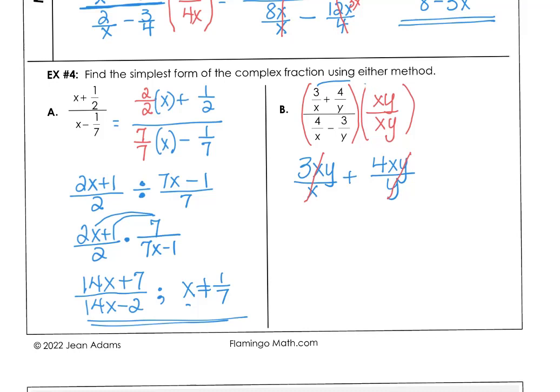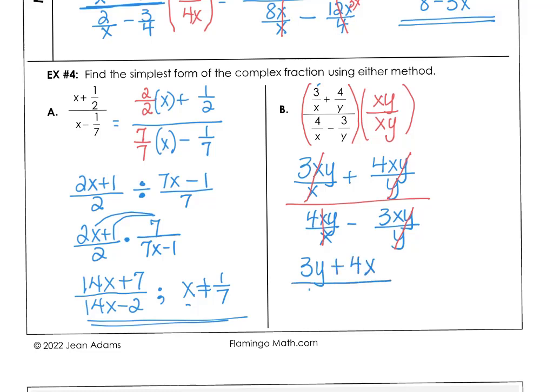Then in the denominator, we have 4xy divided by x, so the x's cancel, and then minus 3xy divided by y, and the y's are eliminated. So putting all of that together, we have 3y plus 4x divided by 4y minus 3x.